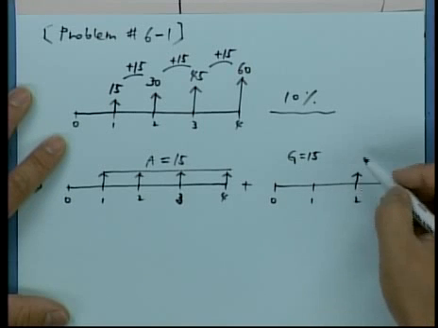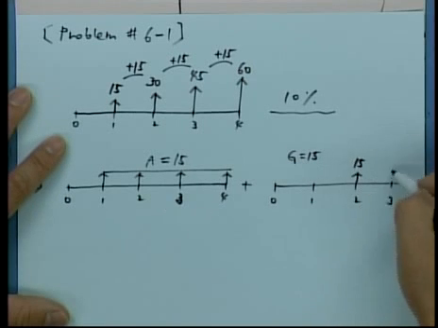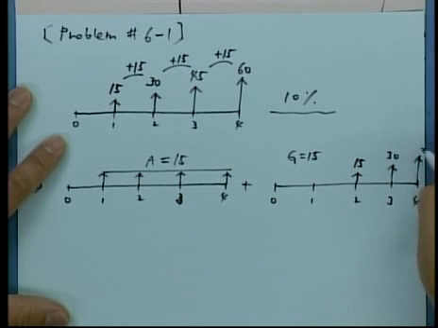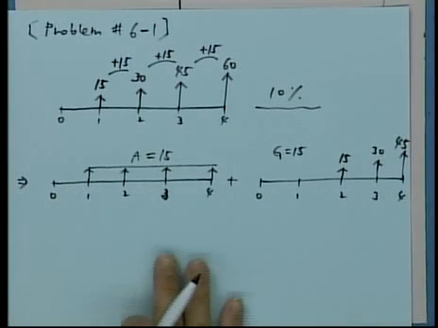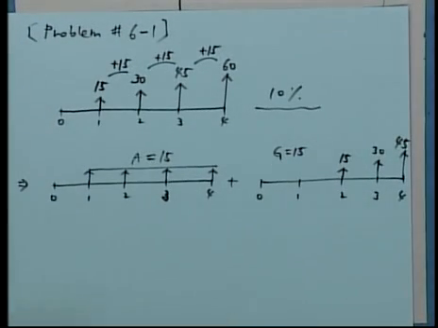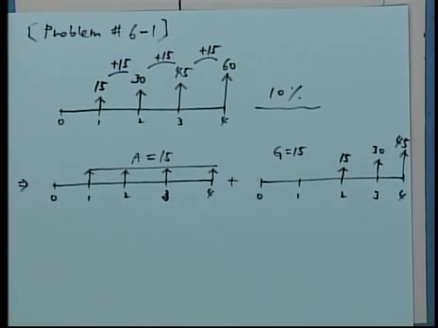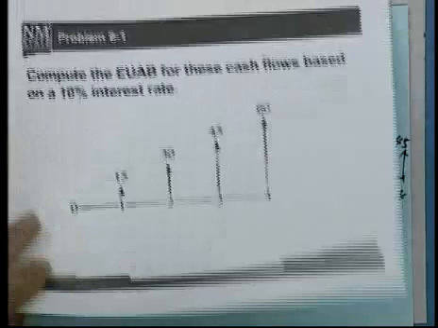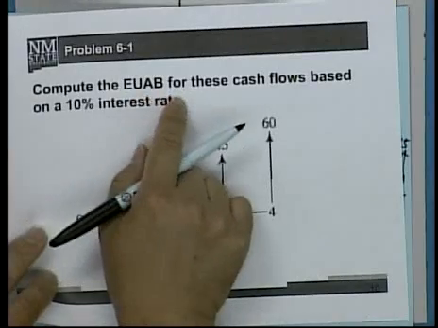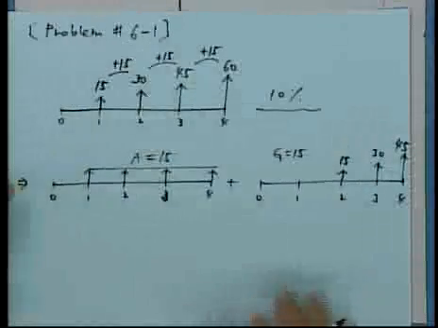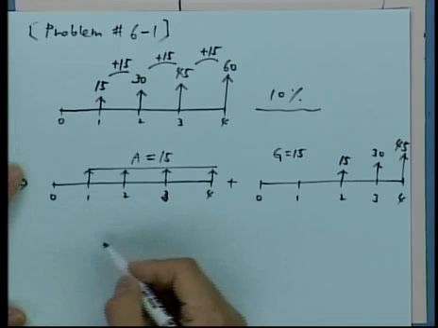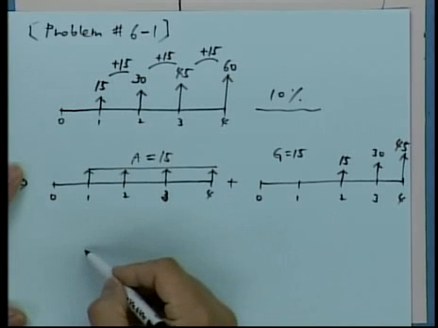So at the end of period 2, we have 15, period 3, 30, period 4 is 45. Okay, like this. And we want to calculate the equivalent uniform annual benefit.